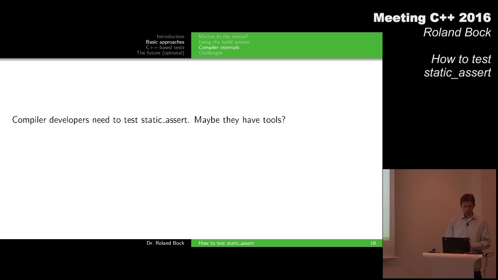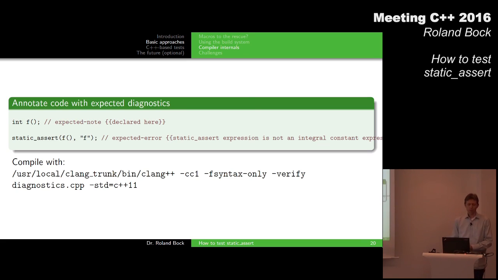Another suggestion that I heard when I made the proposal for this talk is, compiler developers have tools. They have to test static assert themselves, right? So why don't you use those tools? Okay, so Clang has a way to test diagnostic messages, and you can do it like this. You have this code, and you annotate it with these expected-note or expected-error comments, stuff like that.